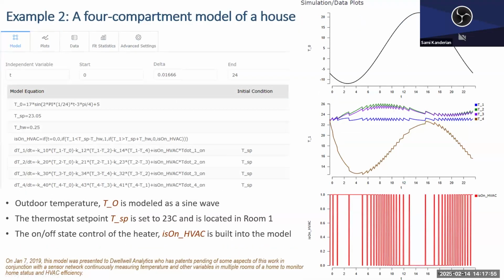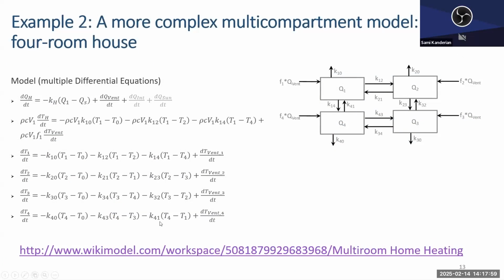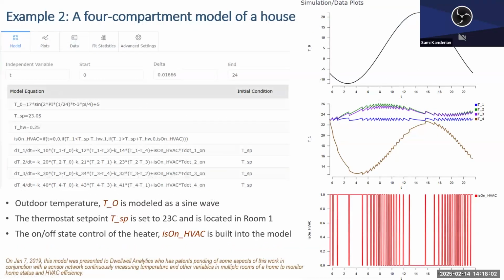I won't go through it on the website, but you can click on this link and it'll take you there. I developed this model for a smart home startup that was looking to use a network of sensors to evaluate HVAC efficiency and problems in the house.